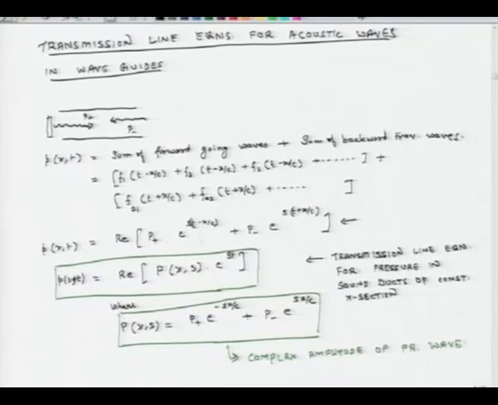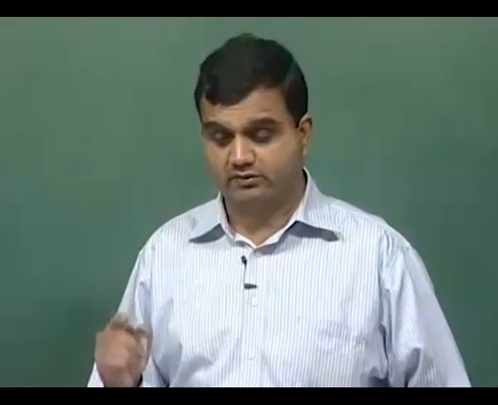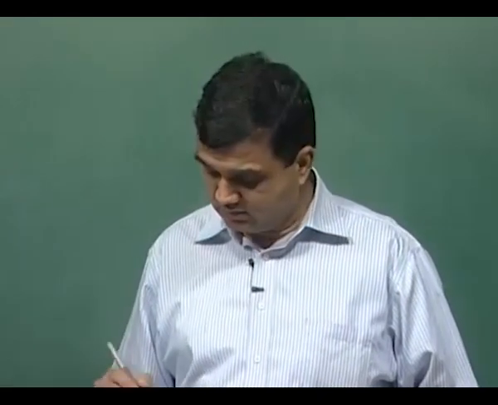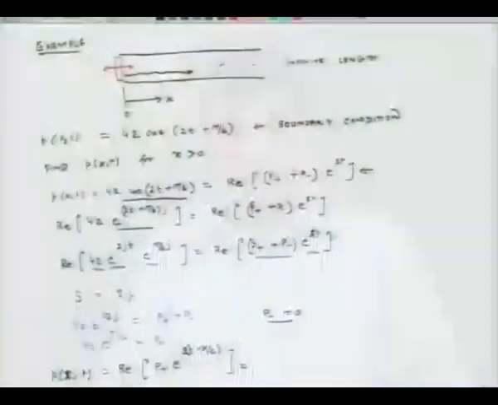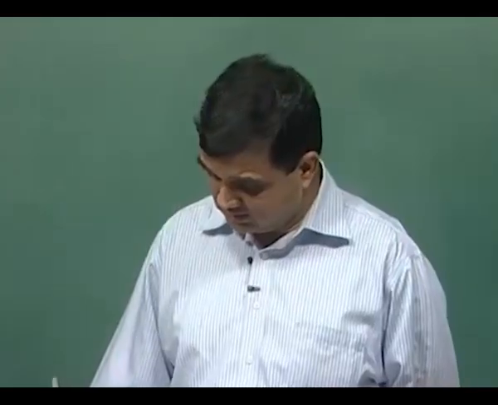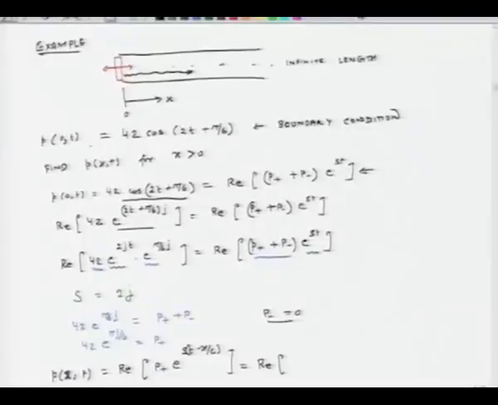I have just rewritten this particular equation and dropped the term associated with P minus, because there is no reflection or backward traveling wave in this particular example. And now, I start plugging in the values of P plus and s, and what I get is real of 42 e to the pi j over 6, that is P plus, times e to the power of s(t - x/c).